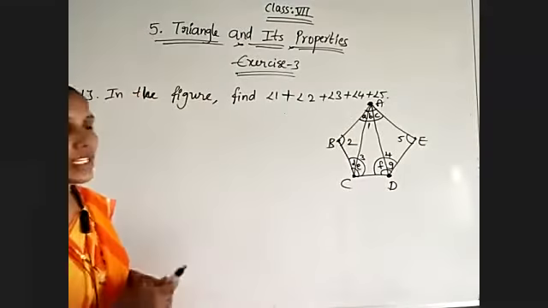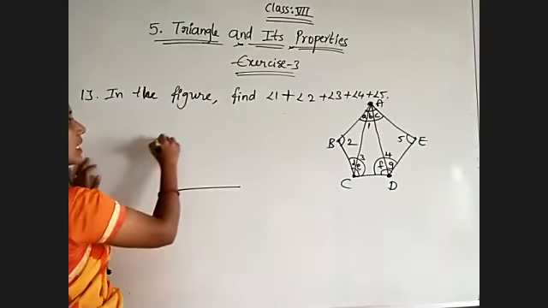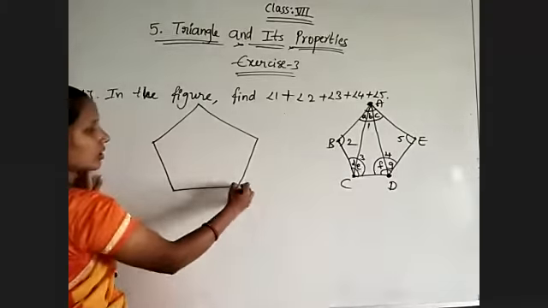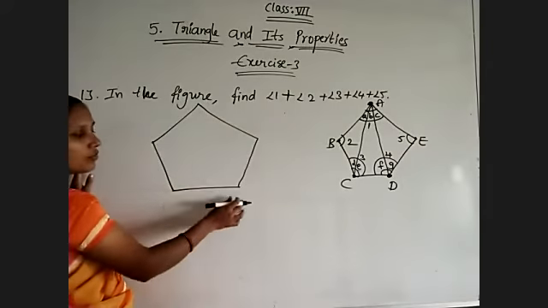This construction is very, very important. Once again, I am drawing here, observe. Like this, they are given a pentagon. So here they have mentioned angle 1, 2, 3, 4.